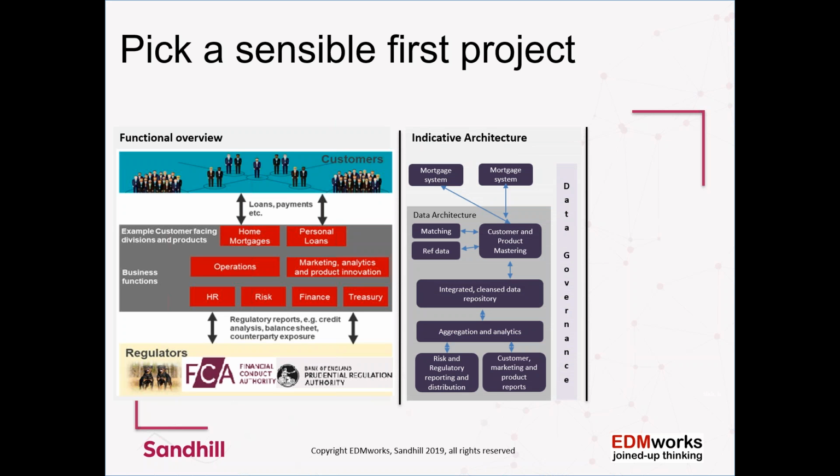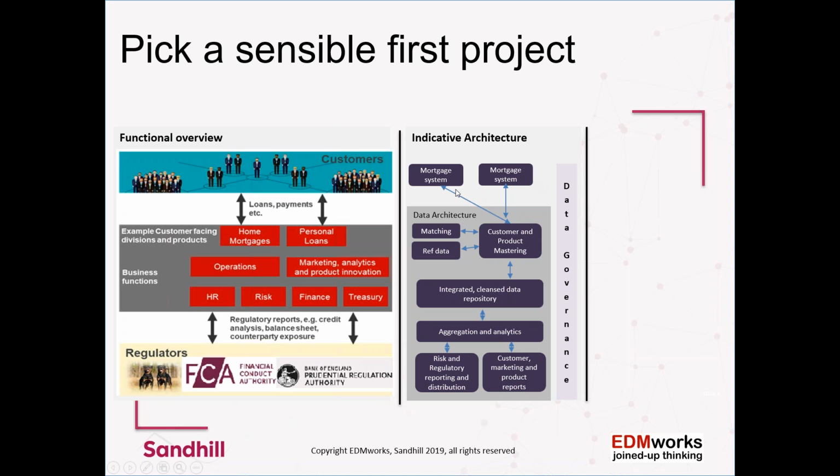The indicative architecture that we looked at for our proof of concept had some important things. The first thing, it had more than one input system, because the reality of most organizations is there are multiple production systems that are generating the data that you have to deal with. And from a governance point of view, we have to get governance around that. Otherwise, there is anarchy and there is chaos.